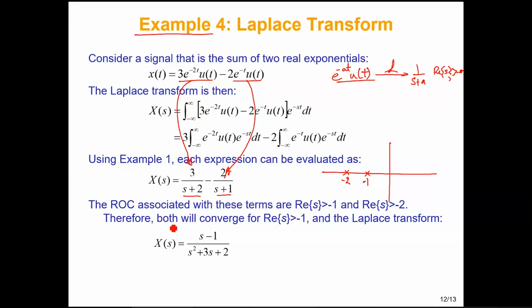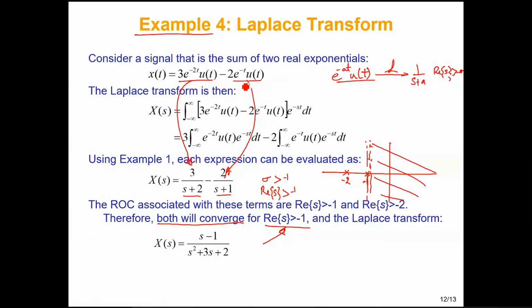The overall region of convergence will be where both regions of convergence overlap, and that will be this particular region right here, the region on the right hand side of minus 1. So it will be real part of s greater than minus 1. We can say sigma greater than minus 1 or real part of s greater than minus 1, one and the same thing. Or we can diagrammatically draw it like that. So we can combine them and write it like this, and the region of convergence is written right here.